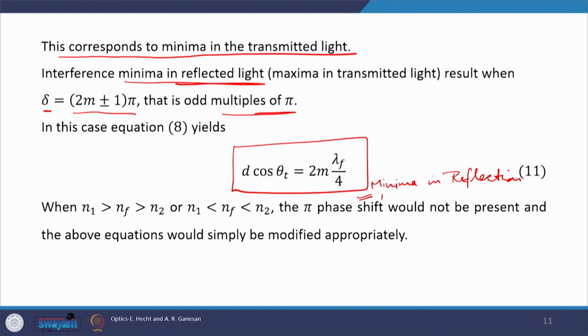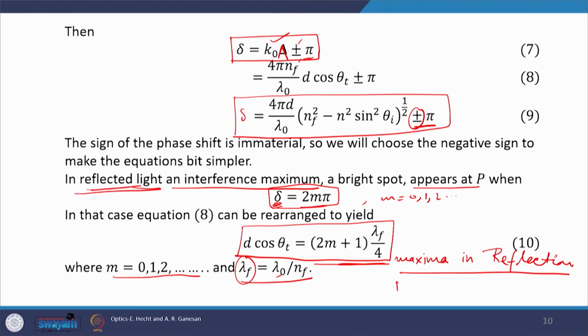Similarly, this corresponds to minima in transmission.